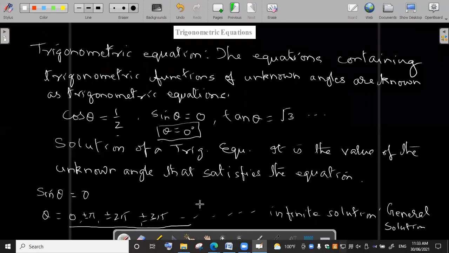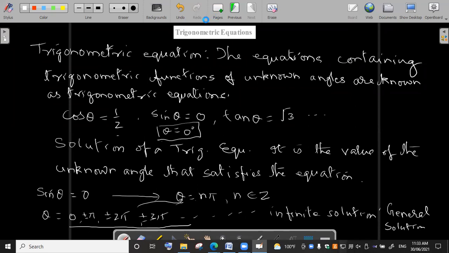We can say the solution of this equation is theta is equal to n pi, where n belongs to the integers. Means we can put 0, 1, minus 1, plus 2, minus 2, plus 3, minus 3, like this. So for solving the equation we will always find the general solution.